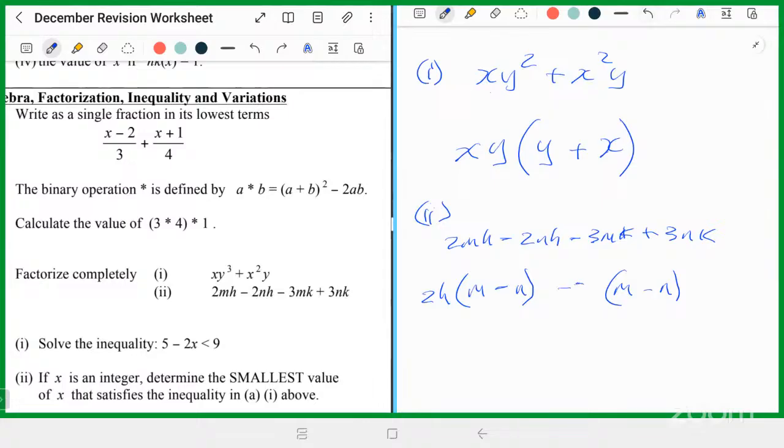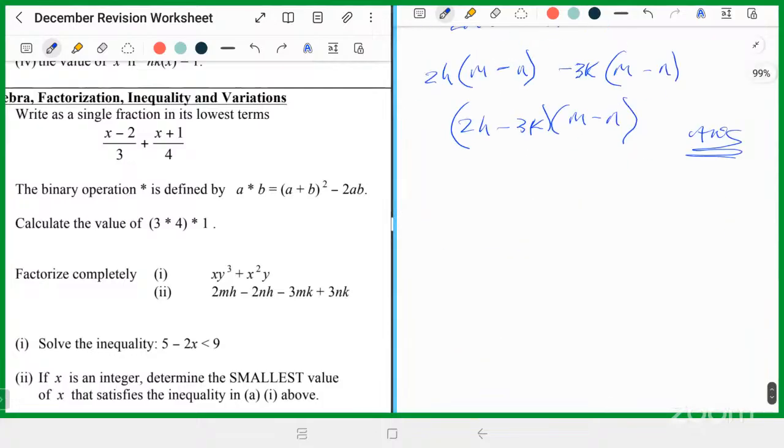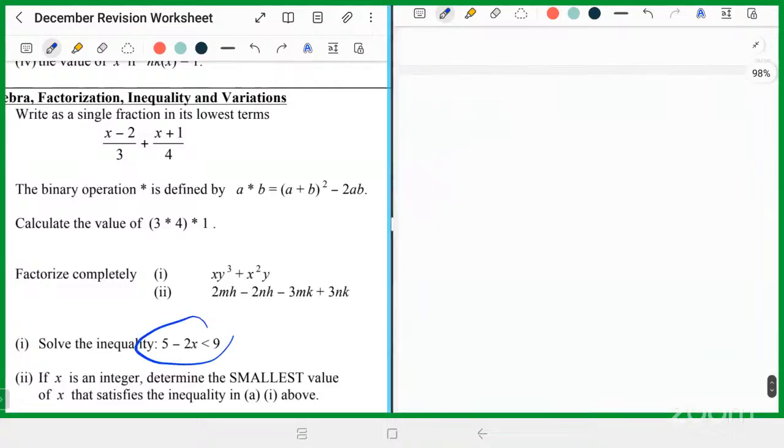And these two connect with your m minus n, so you can consolidate. So it's 2h minus 3k, connecting your common factor of m minus n. That is the answer. Are you good with that? Yes, sir. Alright, good.